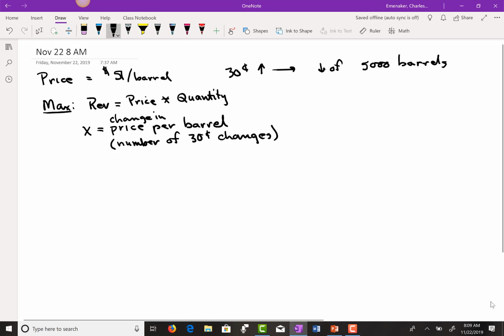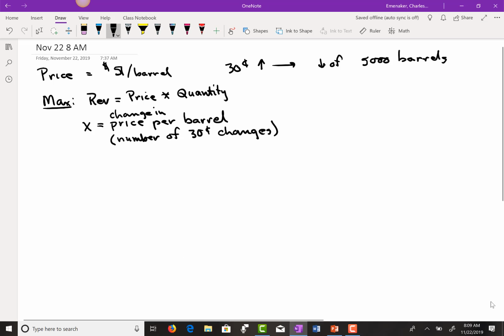Okay. So what's going to wind up happening here is our actual price, looking at this revenue function, the way that we're going to describe price here is it's going to be 51, the current price, plus, now I'm going to intentionally mess something else up here, just like I messed up the label on X, to draw your attention to the fact that X is not the price, it's the number of times we're going to take a jump of 30 cents.